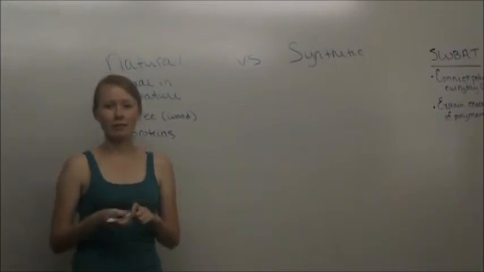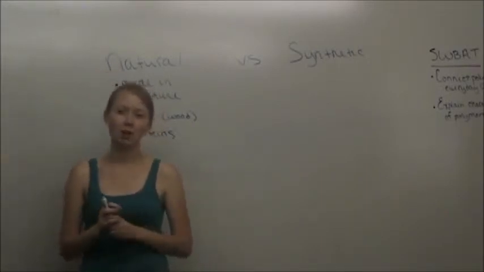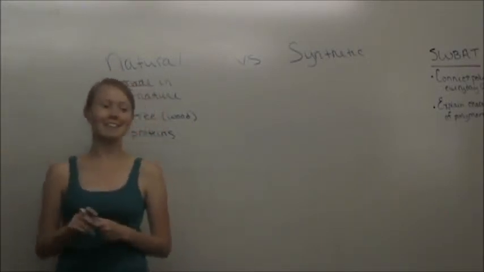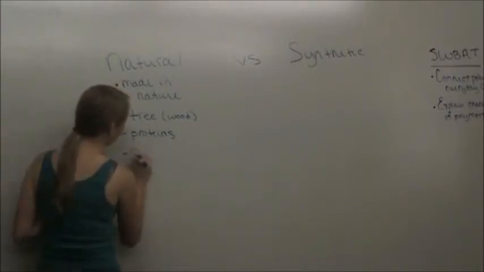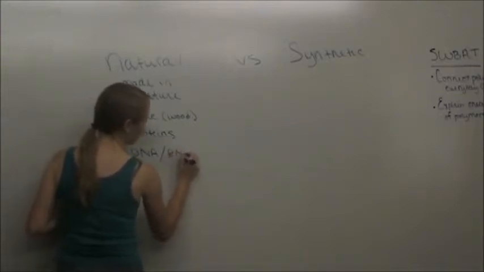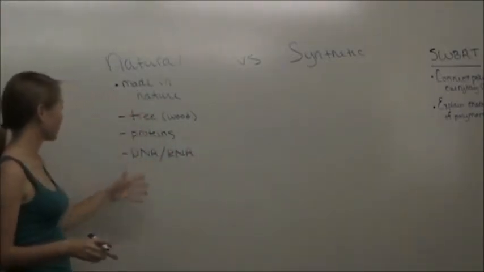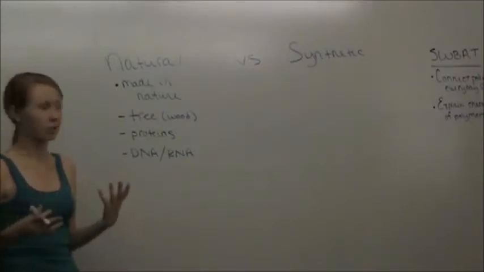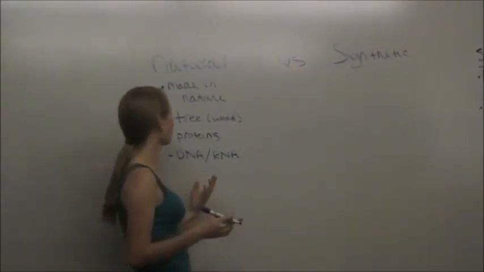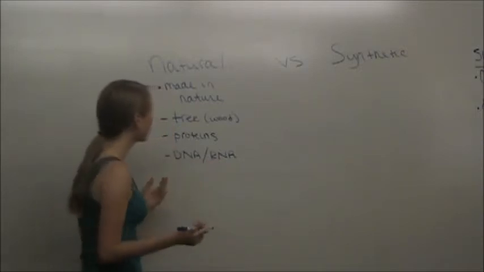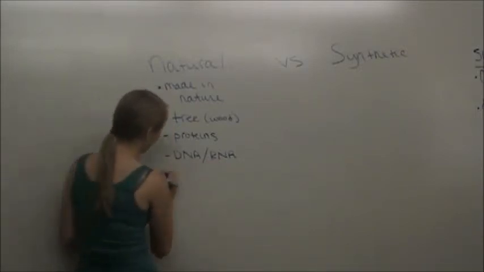What about what makes us all different? DNA. Our DNA, yeah. So we have our DNA, and then I'm also going to put RNA. So these are all polymers made in nature, and what makes them more of a natural polymer is that they are water soluble.